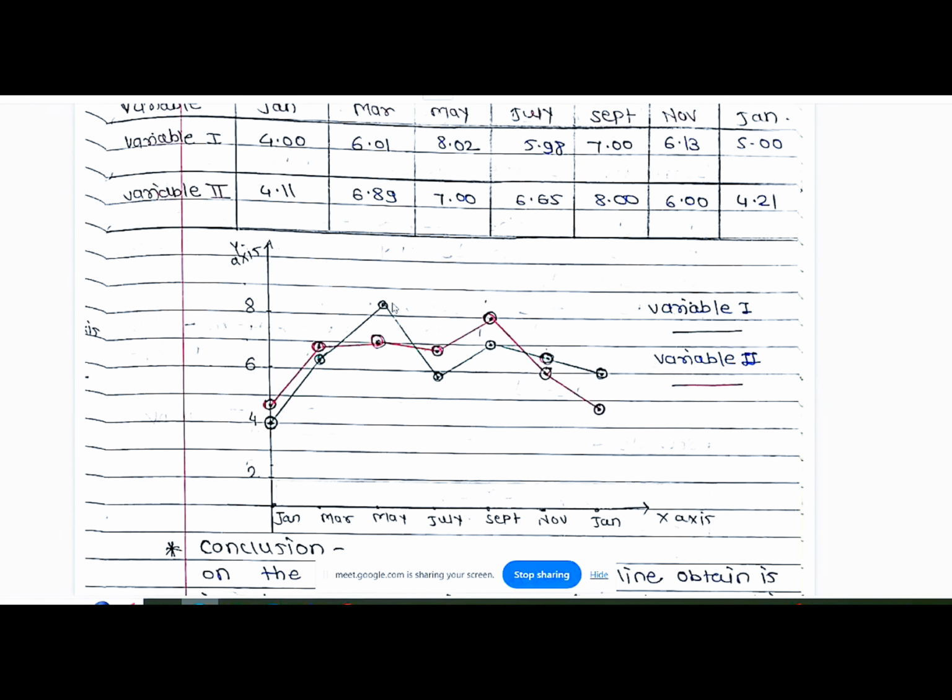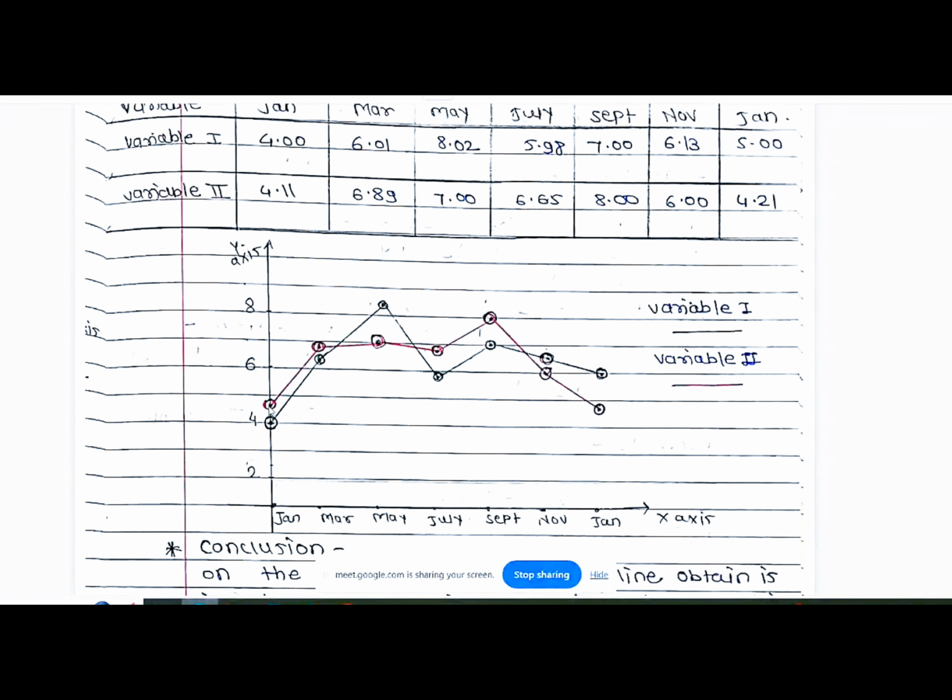So in this way you have to just give the spots, then join them with the help of a straight line using a scale. And once you join the dots, you can easily observe the pattern and then you can make your conclusion. For example, when we go from January to March, variable 1 is increasing, because here you can easily see it.